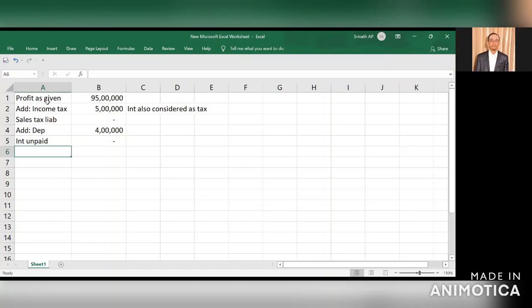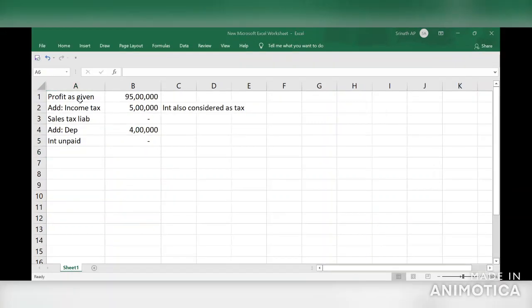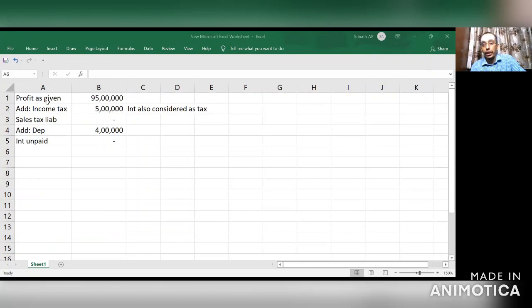You will not do it for MAT. It's only a 43B adjustment. Then after interest, the next one that we have got, reserves. Any reserve created by debiting the P&L account will be a positive adjustment.